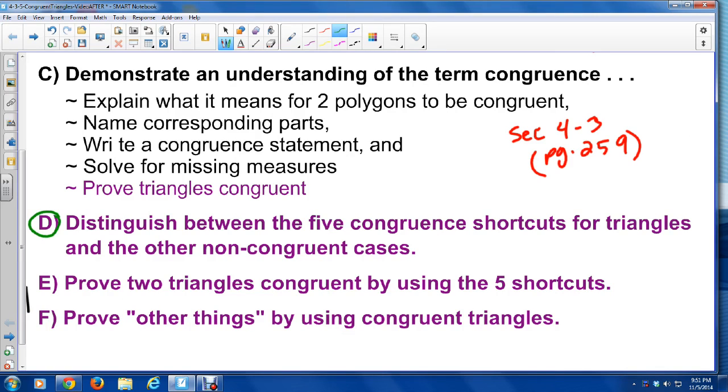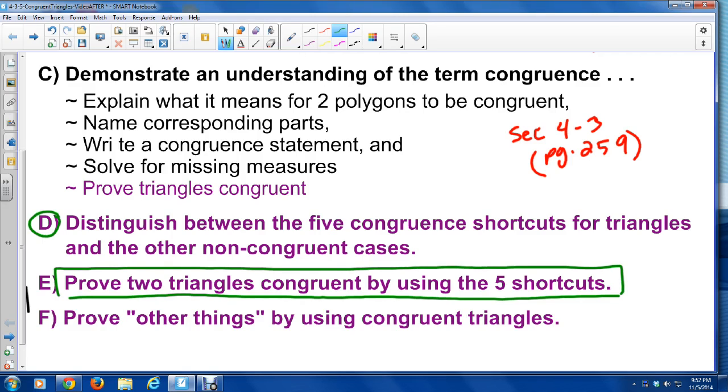We're going to get into using those 5 shortcuts to actually prove 2 triangles congruent. These are going to look just like any other proofs we've done, writing a full 2-column proof. And then tomorrow you will be looking at proving other things congruent by using congruent triangles. So we're going to focus today just on Objective E, and then we'll tackle Objective F tomorrow.